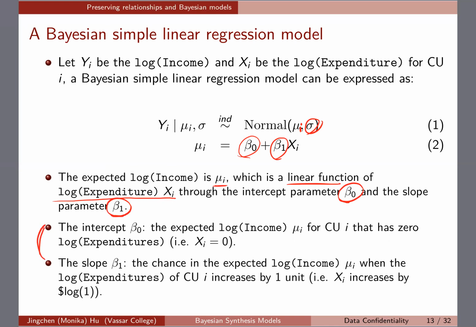The interpretation of the two I will leave for you to review, but we need to estimate both of them. From the Bayesian point of view, they are parameters, they're random, so we give priors to them. Then we see how the posterior turns out, and that can tell us a lot more about what beta 1 and beta 0 are.